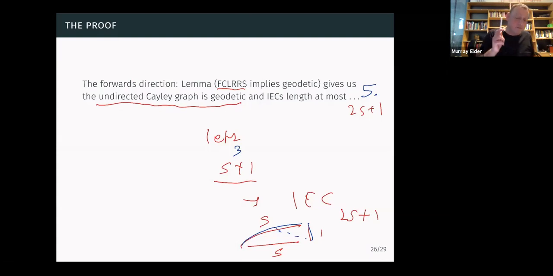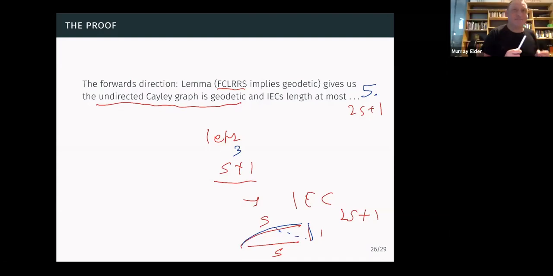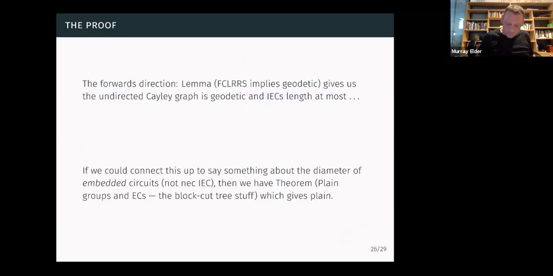And then if you can recall, having a bound on the diameter of, what were they? Mikhail, were they embedded circuits or were they isometric? Well, the bound is at most 5.